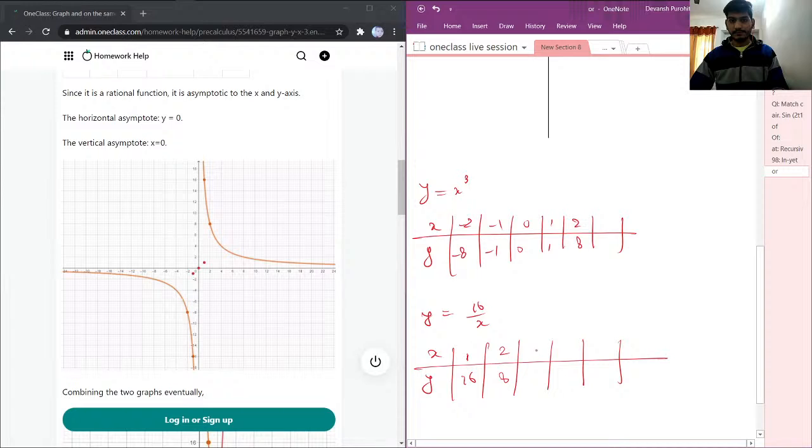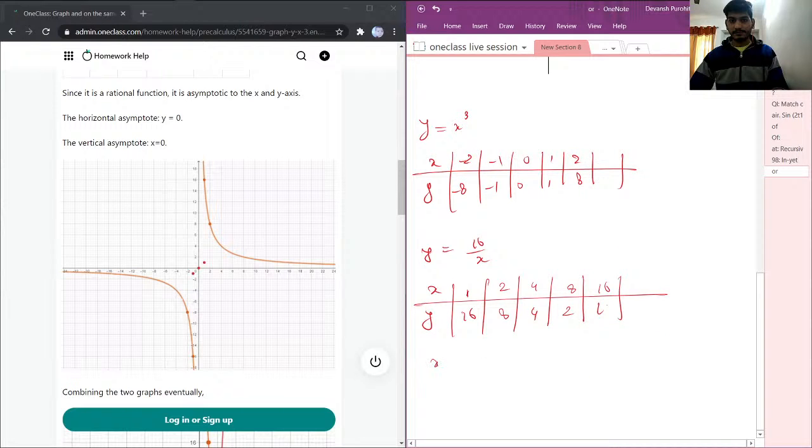Then x as 4, y will be 4. Then let's say x as 8. Then we'll have y as 2. And x as 16, y as 1.